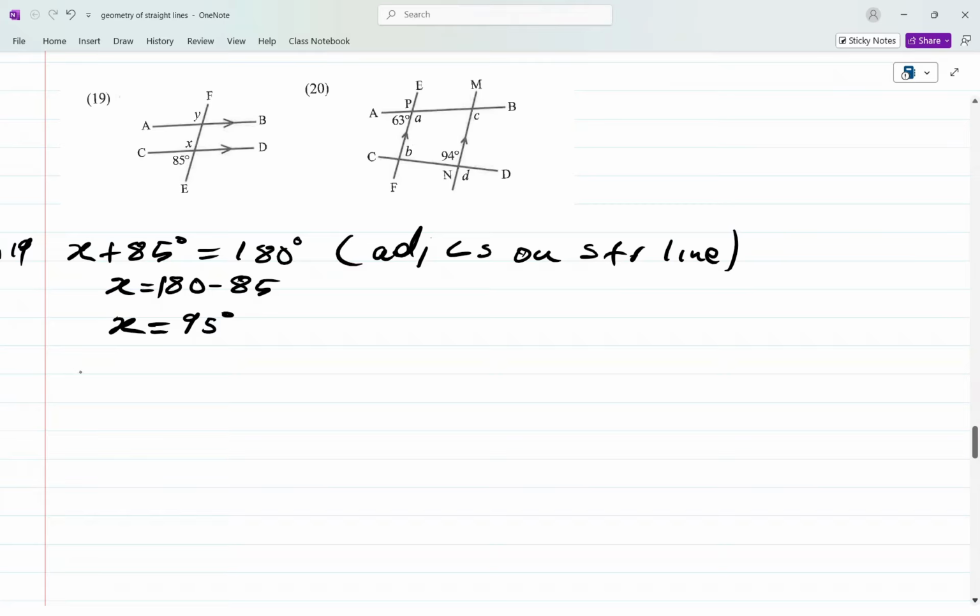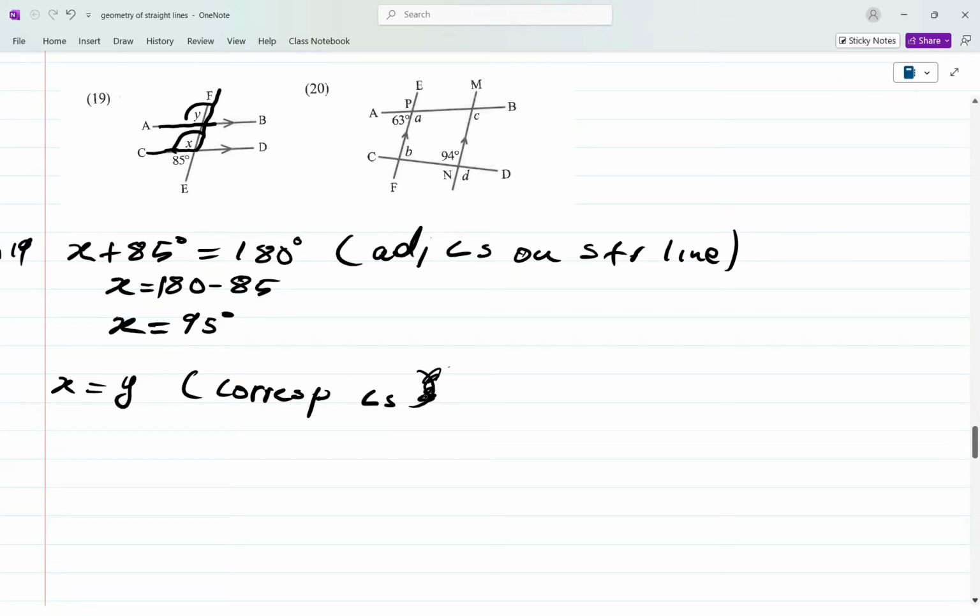However, I can see that x is the same as y due to corresponding angles. This x and that y are forming an F shape, corresponding angles.